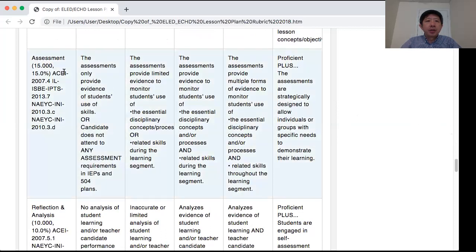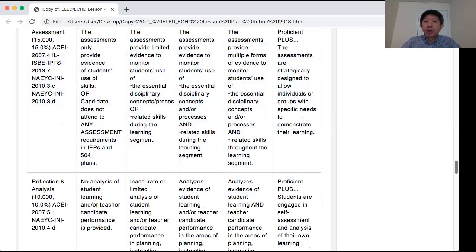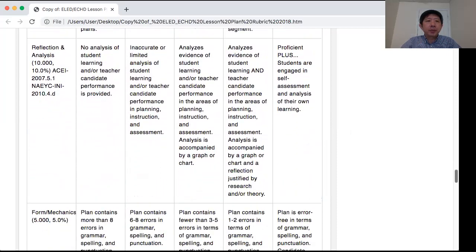And then in the lesson plan, you're going to include the assessment. What is the assessment for this lesson? You allow individuals or groups with special needs to demonstrate their learning, something like that, right?